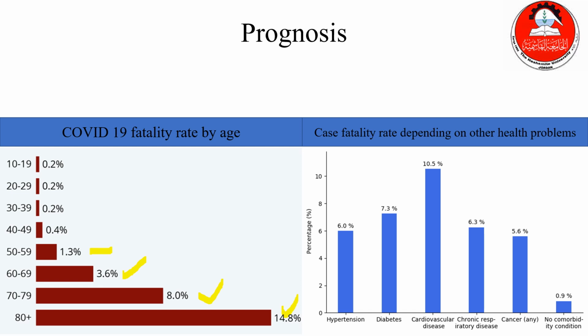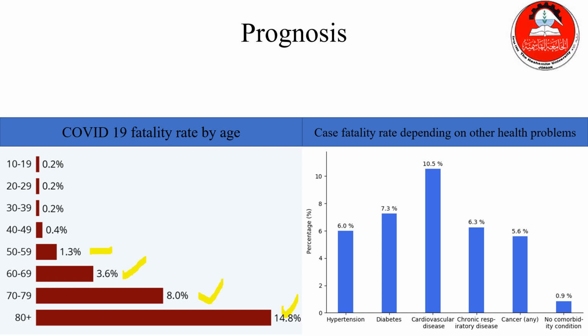So all people with pre-existing conditions of the lung, the heart, cancer, or immunosuppression, or on immunosuppressive therapy, are more prone to infection and more prone to death as a result of infection.